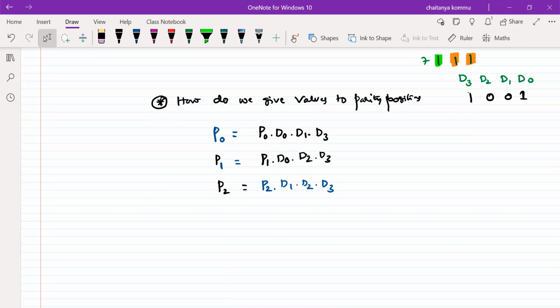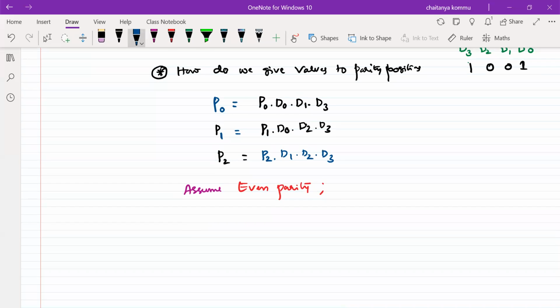You should say which parity you are interested in to prepare a code. So assume even parity is considered. Without this information, it is not possible to create P0, P1, P2.